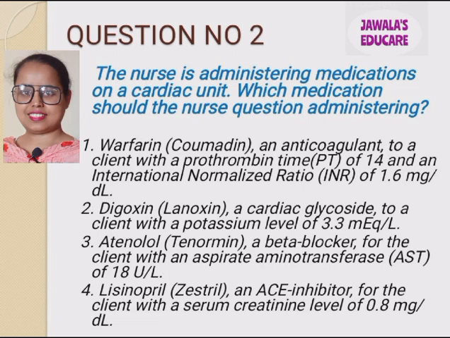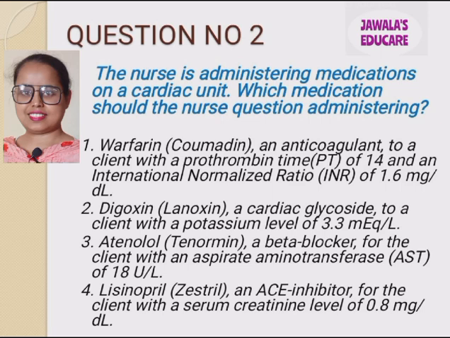The nurse is administering medications on a cardiac unit. Which medication should the nurse question administering? Option number 1, warfarin, an anticoagulant to a client with a PT of 14 and an international ratio of 1.6.